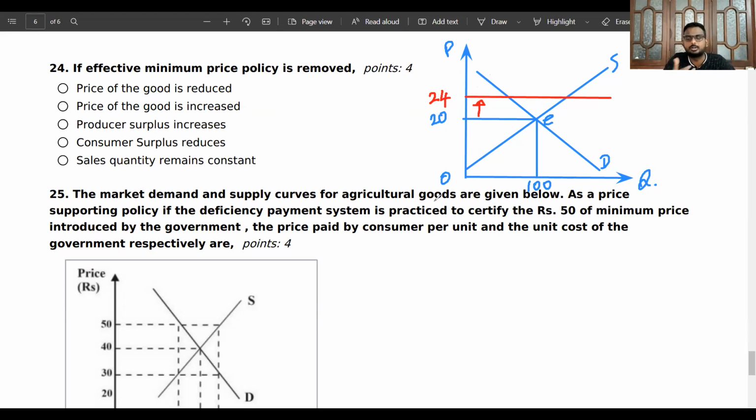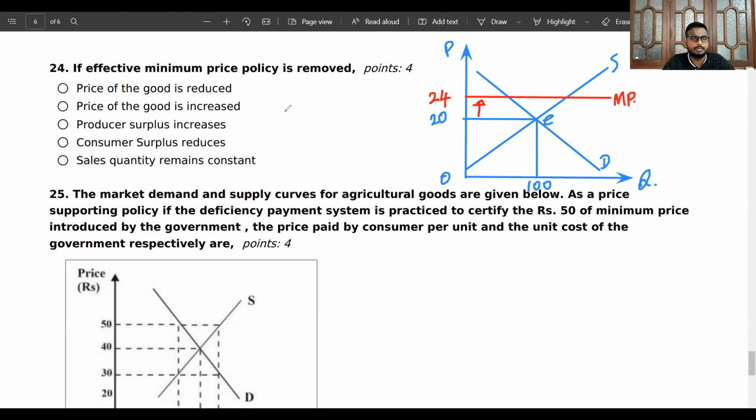Minimum price is also called floor price. So 24 will be the floor price. You can't go below that. If you want, you can go above, but pretty much everyone will stick to that floor price itself, 24. Right? Now, I also told you, if the minimum price is above the market equilibrium price, we call it effective minimum price.